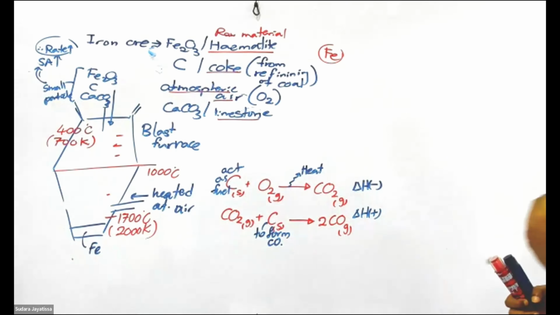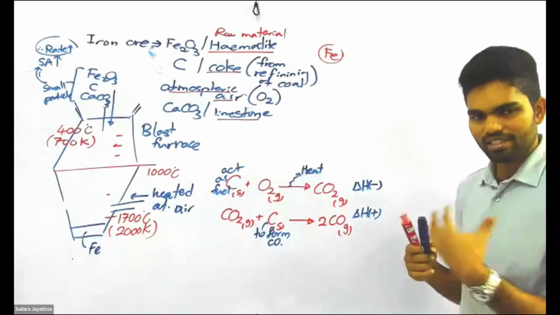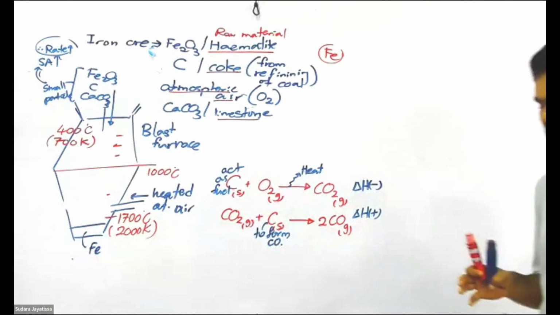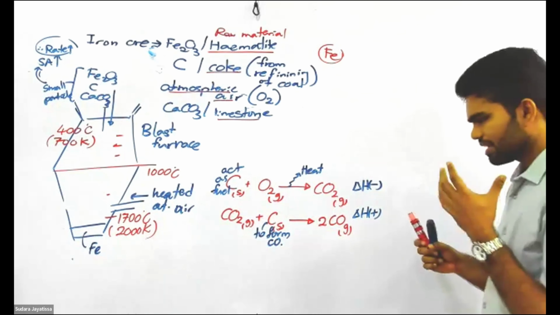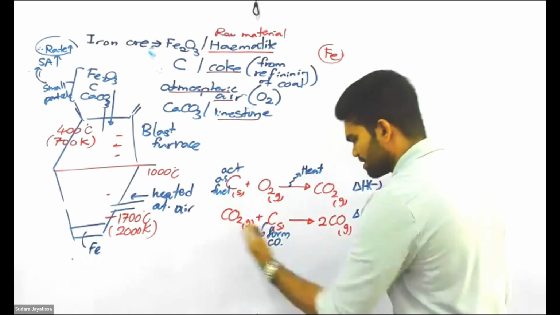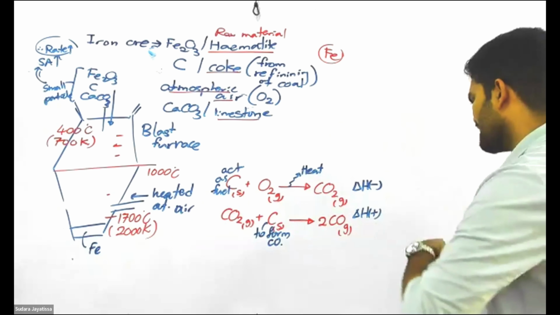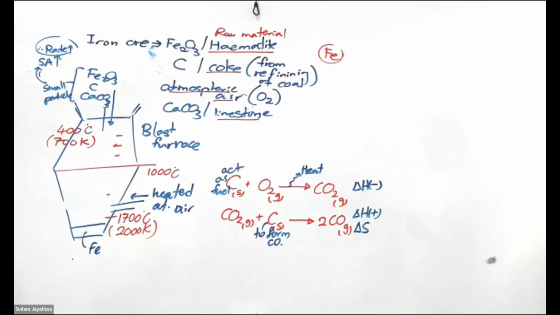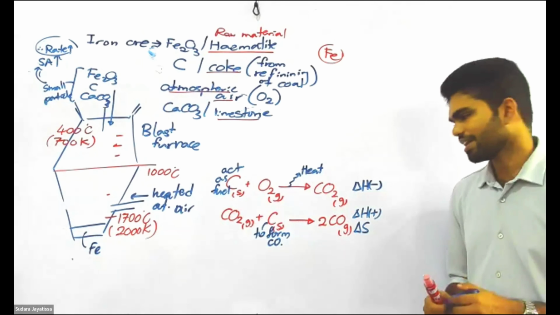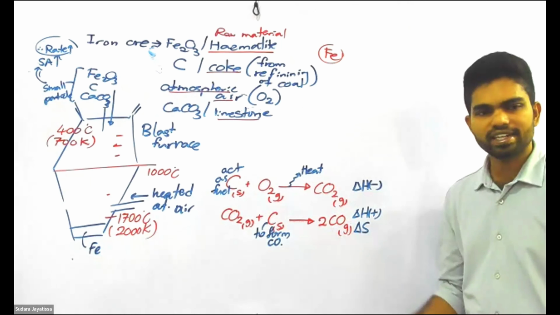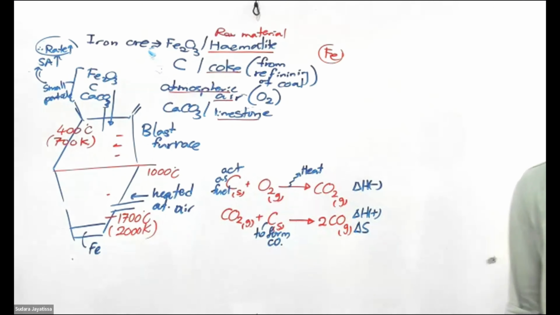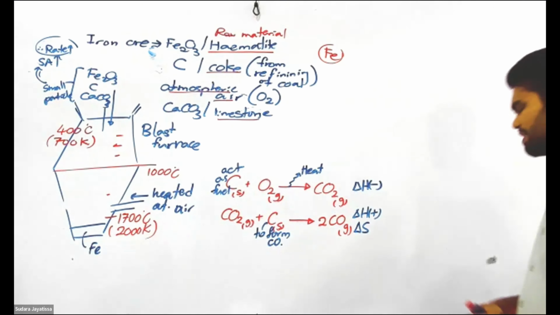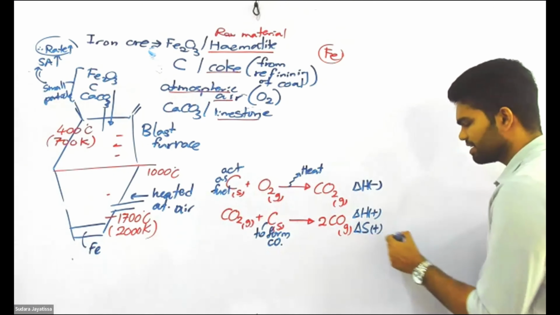Understand? Endothermic. Okay, now listen to this one. Some energetics theories have to be used here. Carefully observe this reaction and tell me the sign of delta S. What is delta S? Entropy change. What is the sign of delta S for this reaction? Why do we think like that?